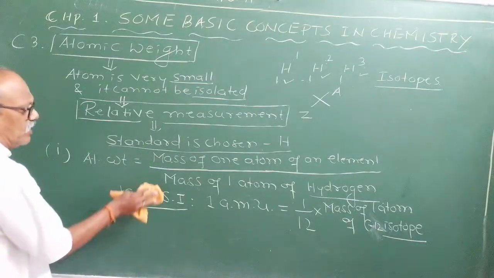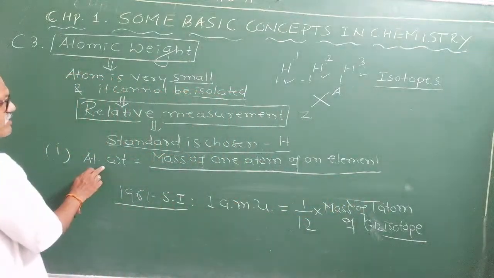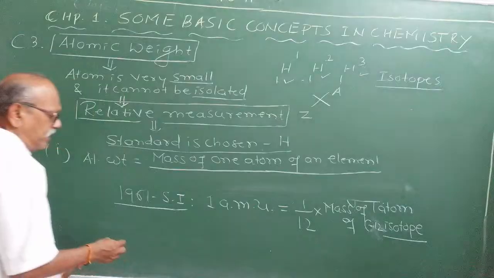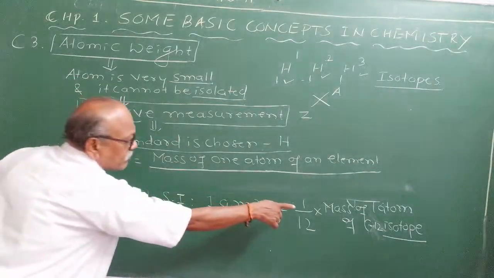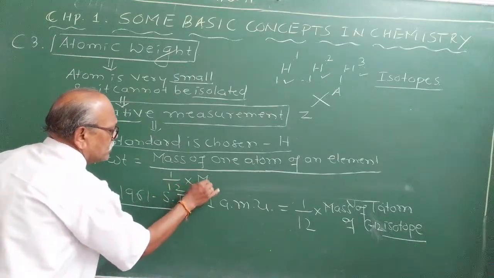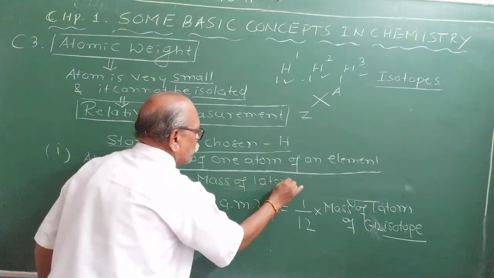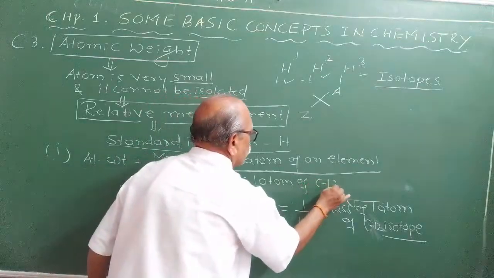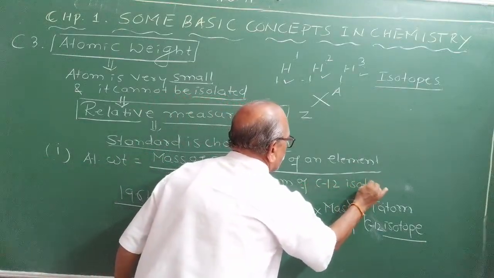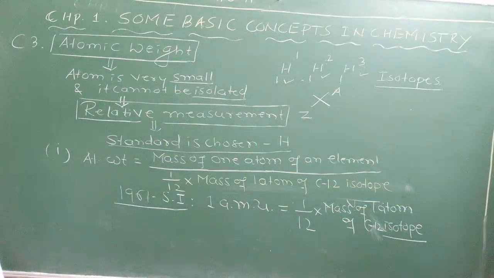According to the modern definition, atomic weight is given by mass of one atom of an element divided by 1/12 of mass of carbon 12 isotope. Are you getting me? That is called as atomic mass unit.